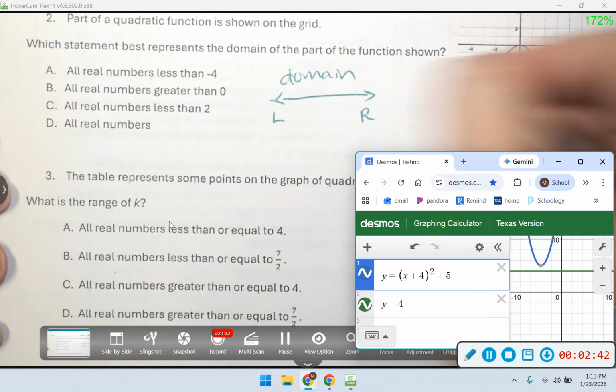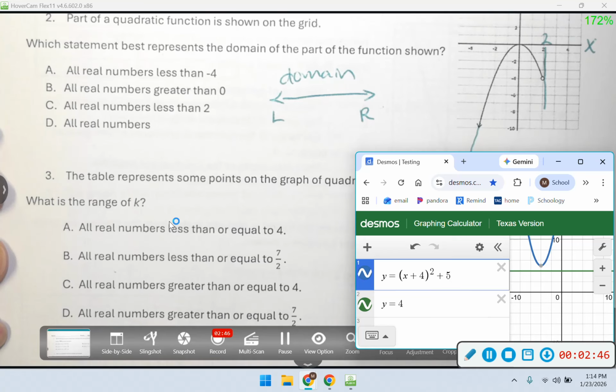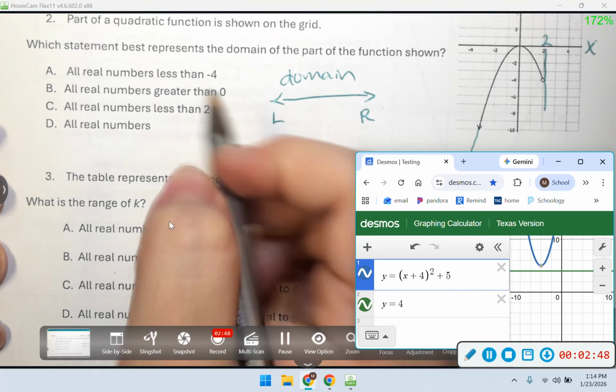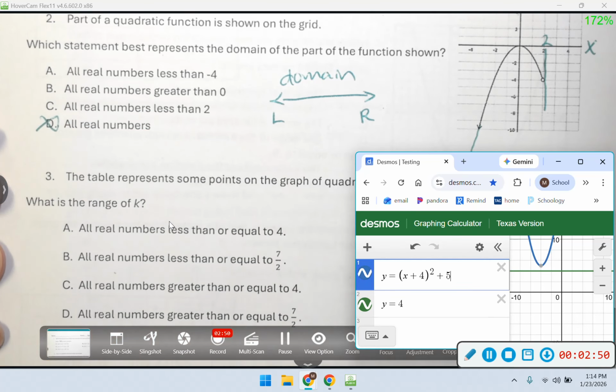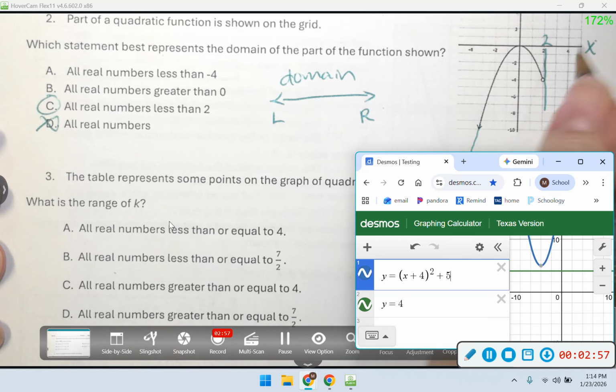The farthest right it goes is x is 2. Domain is x, so we're looking at 2. So I know it's not all real numbers because it doesn't go left and right forever. The only option that has a window of 2 is C: all real numbers less than, because less is to the left, or equal to 2. It's not equal to, sorry, opened up.